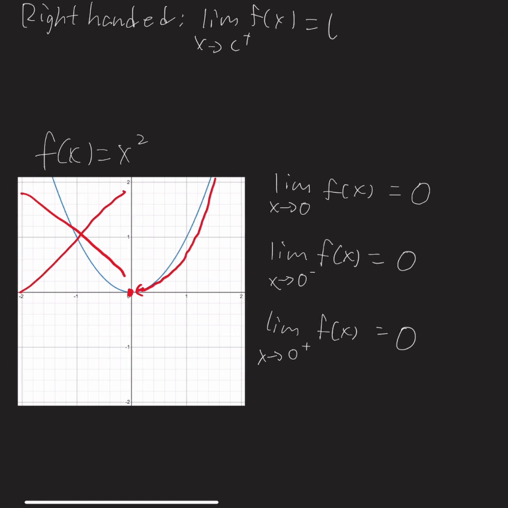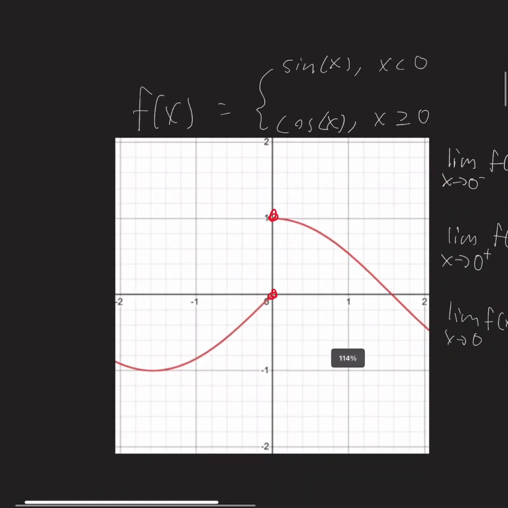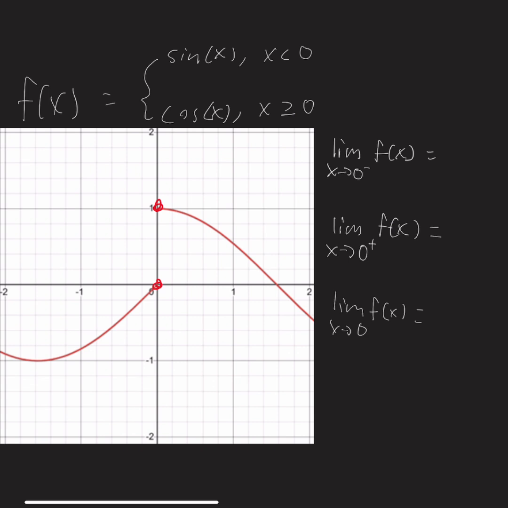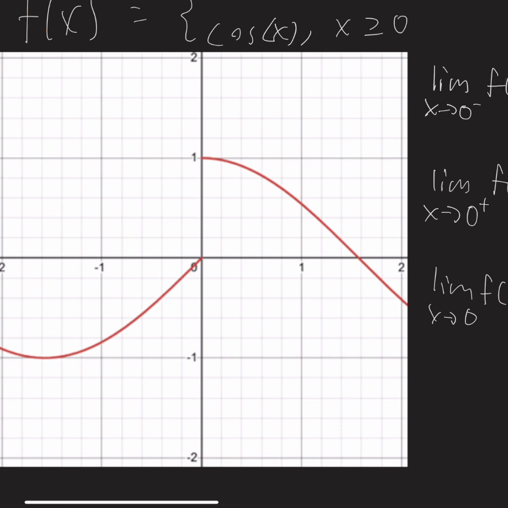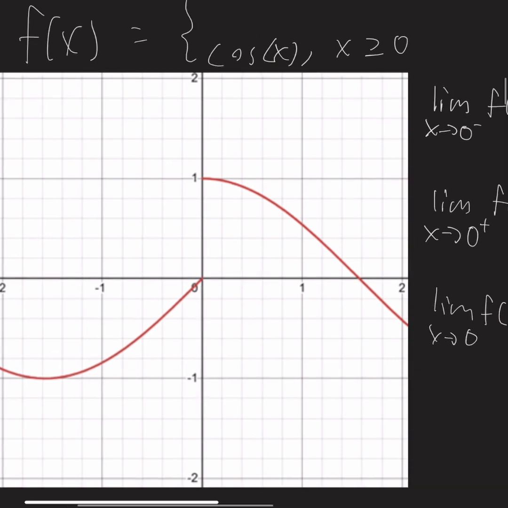Alright, let's look at another example. Here, f of x is equal to sine of x when x is less than 0, and cosine of x when x is greater than or equal to 0. Let's find the limit as x approaches 0 from the left side of f of x. We see here a sine graph, f of x equals sine of x.